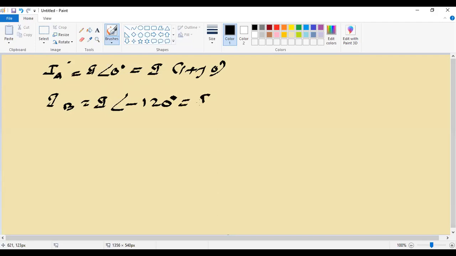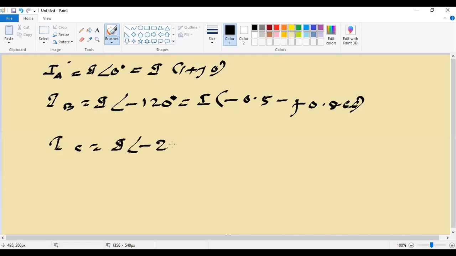So this will be cos 120 degrees, minus 0.5, and sin 120 degree, minus J 0.866. Okay, yes or no? Yes, sir. And then your Ic equal to I angle minus 240 degree, or we can write plus also, this is minus 0.5 plus J 0.866.